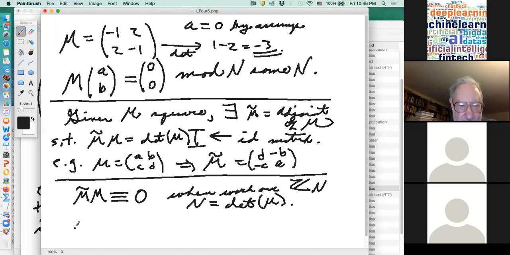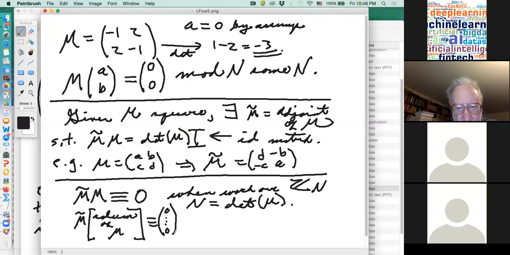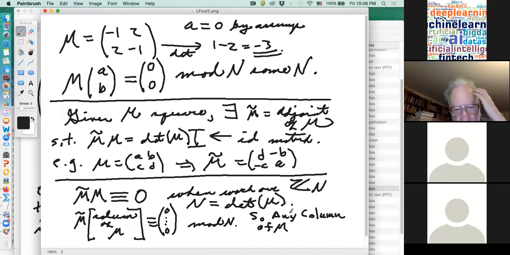But what does this say? This says that M tilde multiplied by any column of M is congruent to 0 mod n. So any column of M tilde, I wanted it the other way.